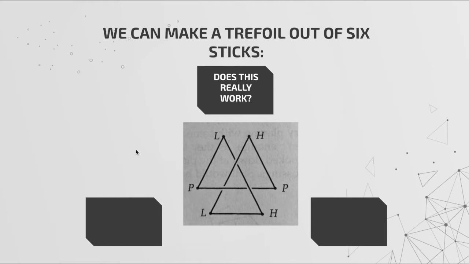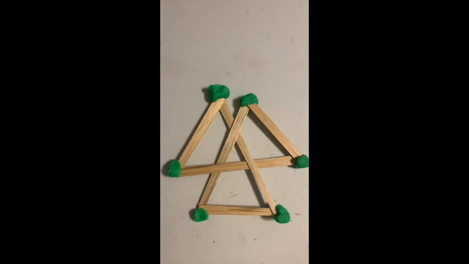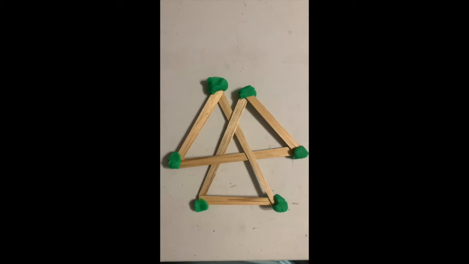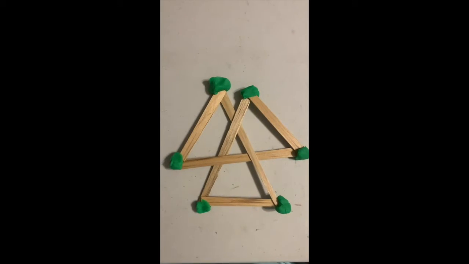And so there's a couple ways that we could verify this. We could use real sticks, of course, toothpicks or popsicle sticks or something of that nature to show that they really do work and they are not being bent and curved in any way. Okay, so here's my take on the trefoil made out of sticks.